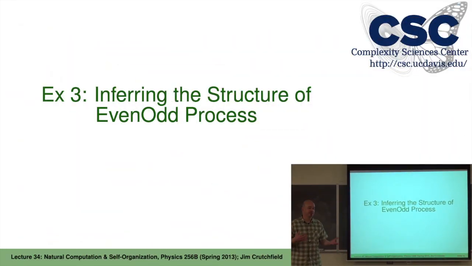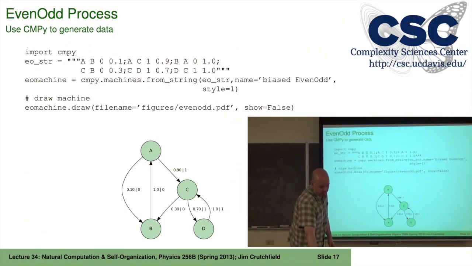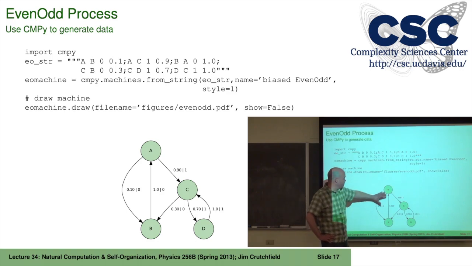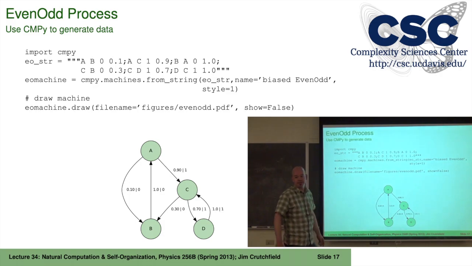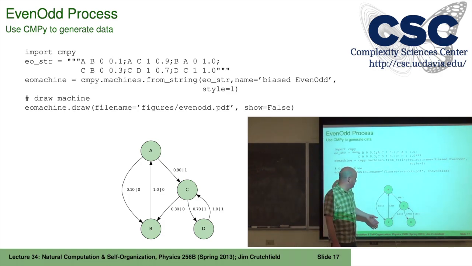So here's a practical example of doing this with something we've already seen. We're going to infer the structure of the EvenOdd process. This is a straightforward application of what we've just been talking about. I'm going to declare the EvenOdd process with slightly strange transition probabilities, just to make sure that it's not like the prior: 0.1 and 0.9, and 0.3 and 0.7.